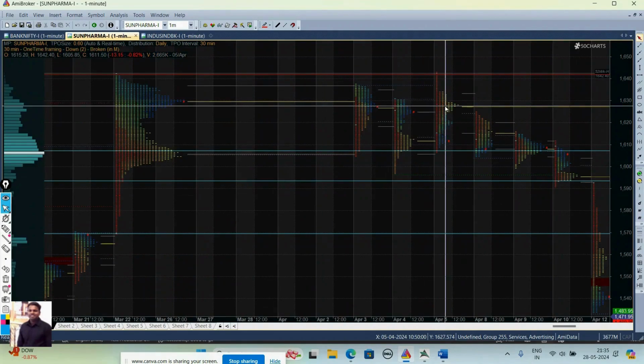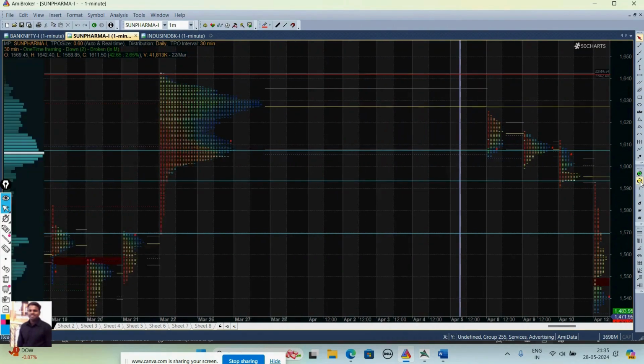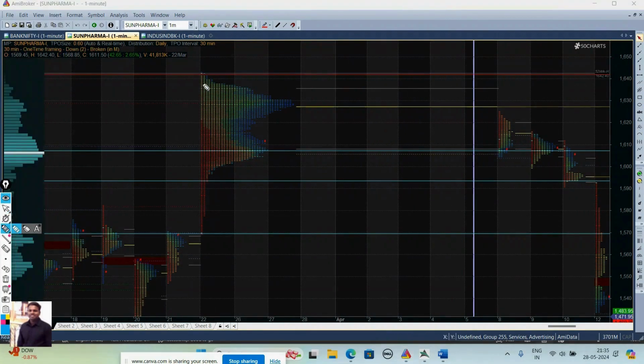So then if we join the profile, how does the bell curve shape look? The bell curve shape looks like this, top of the auction process. Then the full gap is here and the gap is here. What will happen once the development happens? It is more than 40 TPO count.